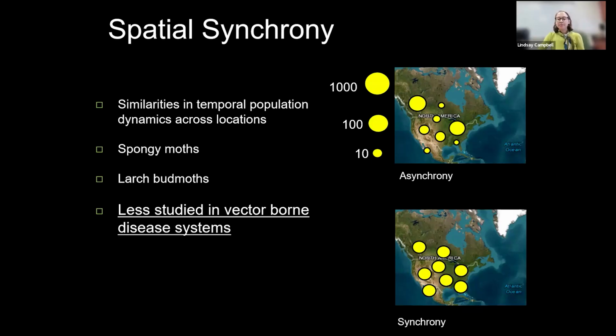The map on the top would show asynchrony, where maybe in some locations there are lower population values or abundances, and the map on the bottom would show where there could be synchronous population dynamics across timescales in these different areas. This has been shown in spongy moth populations or large aspen tortrix, different pest species, but it had been less studied in vector-borne disease systems.